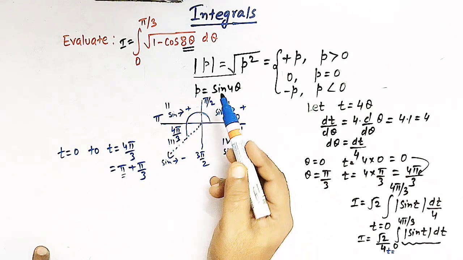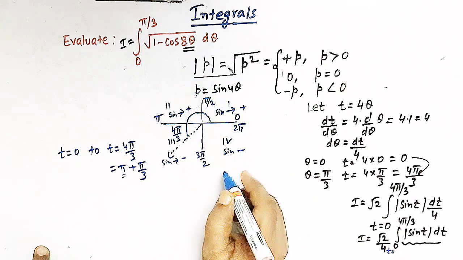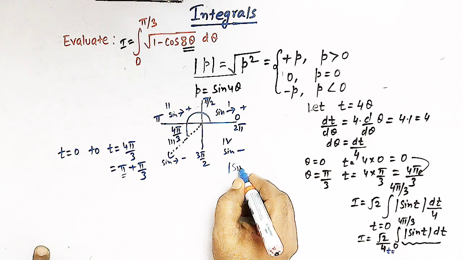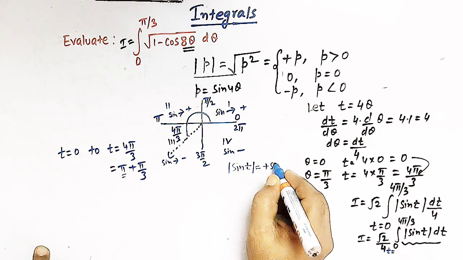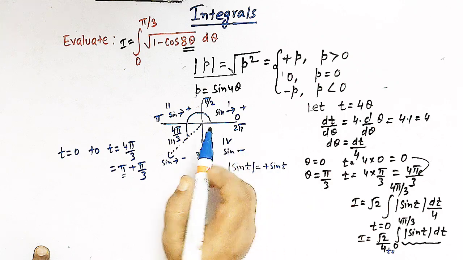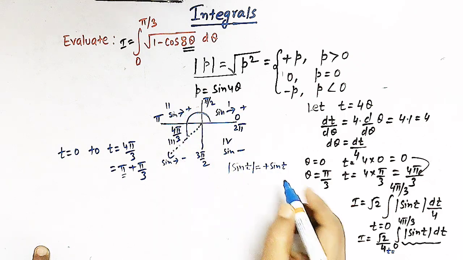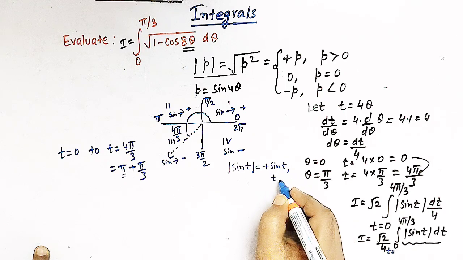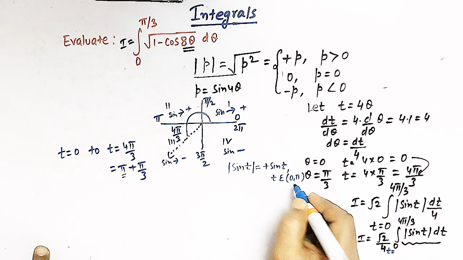So now with the help of the definition of mod function, we can now write mod of sine t is equal to positive sine t when t belongs to the first or second quadrant, and we can write this fact as when t belongs to the interval 0 to pi, right?